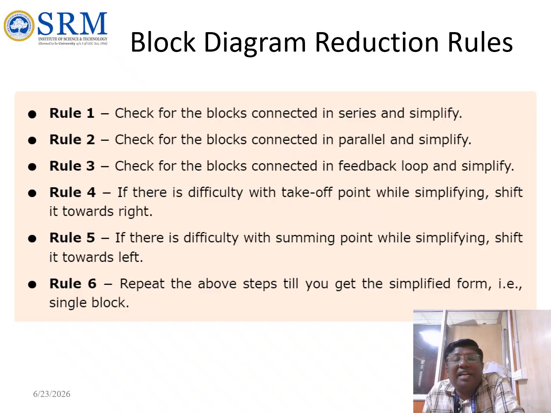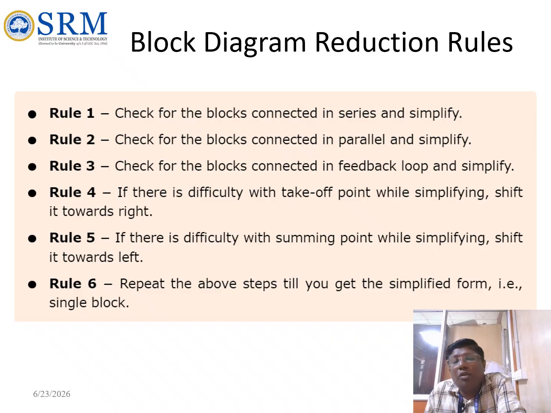If there is a difficulty in a summing point, while simplifying, shift it towards the left direction. So now we can understand rule number 4 stating that if there is a takeoff point while simplifying, we have to shift to the right-hand direction. If there is a summing point while simplifying it, then we have to shift to the left. Rule number 6, repeat the above steps till you get the simplified form in a single block.